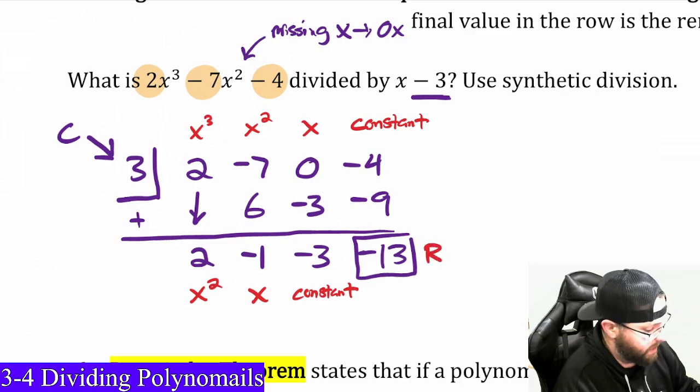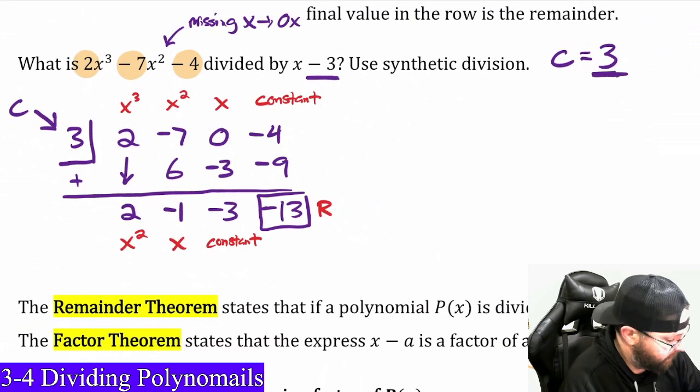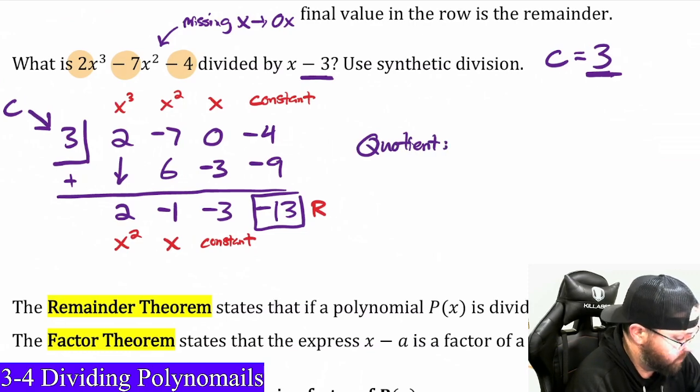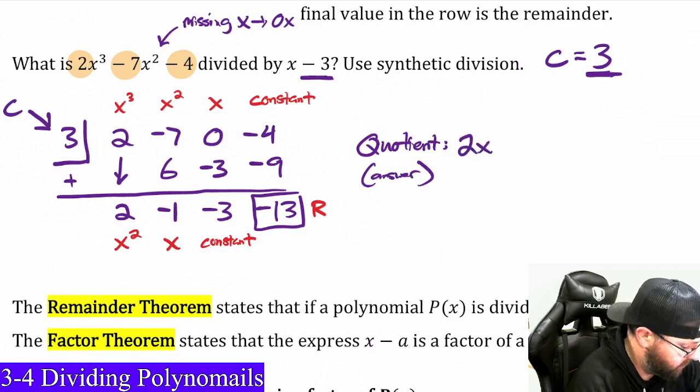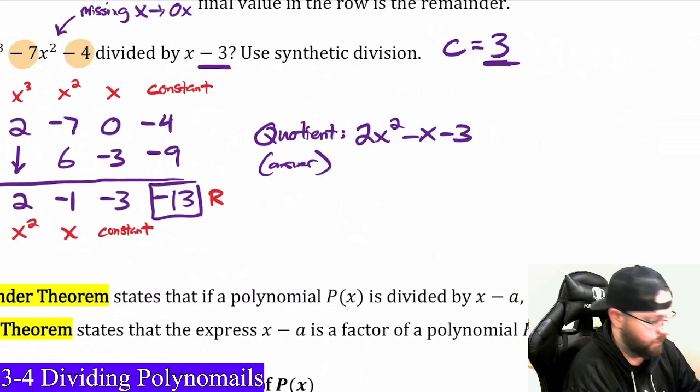Okay, so when we write out our quotient, our quotient, or our answer, right, is going to be 2x squared minus x minus 3, okay?